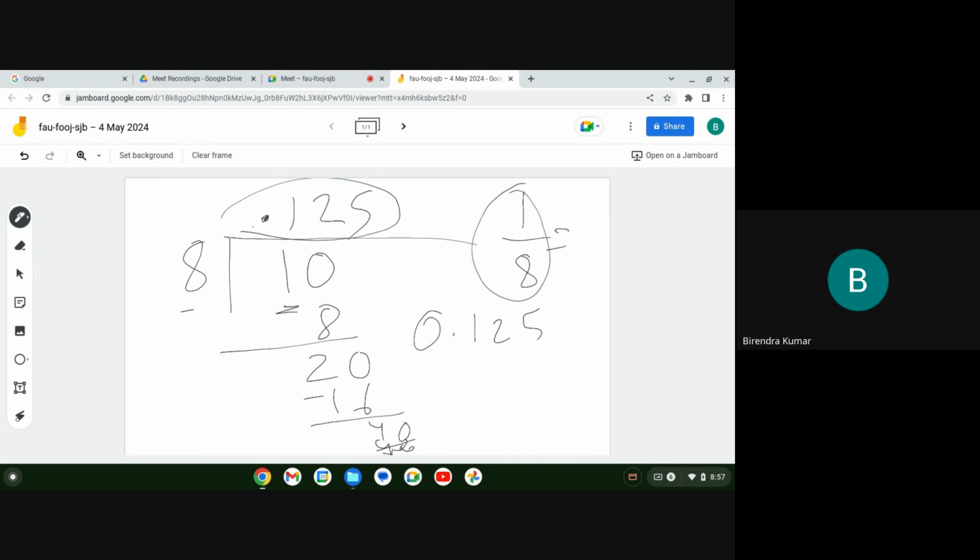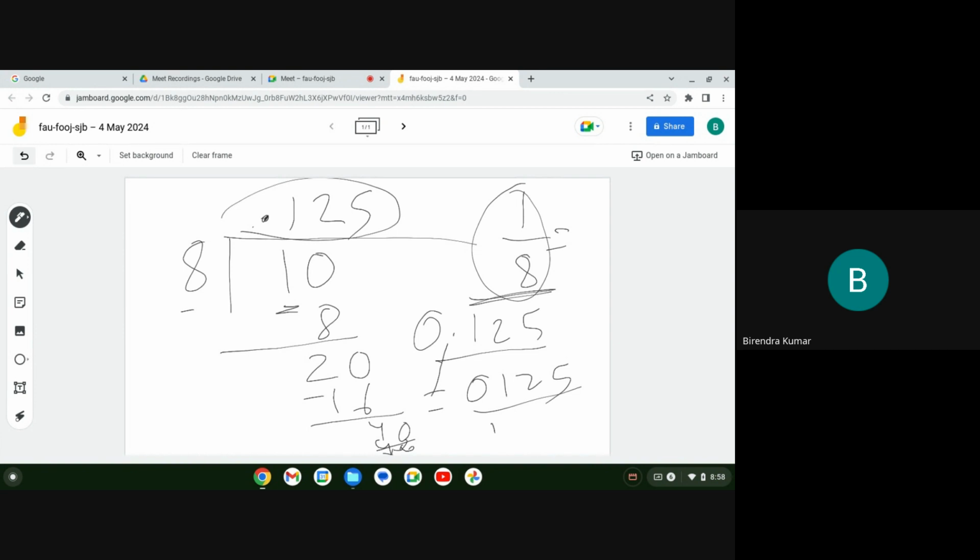Now, this and this are the same actually. It's just that it is simplified. I can convert this to a fraction like the way Gitesh was telling, right? 0.125 is 125 by 1000.